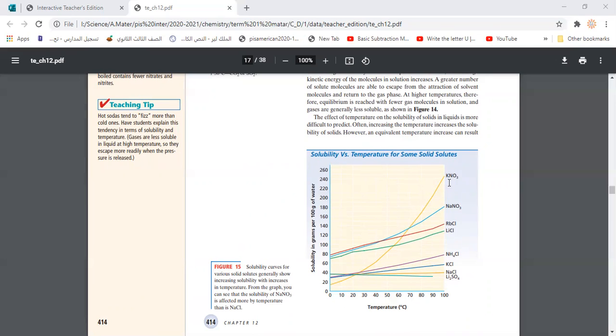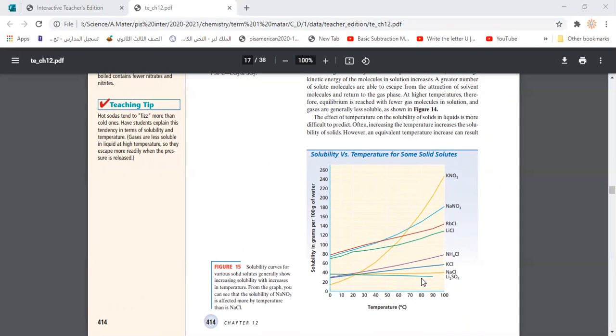For example, you could find that for potassium nitrate, just a slight change in temperature could lead to a huge change in solubility, increasing at a higher rate. While, for example, if you observe lithium sulfate, increasing temperature increases the amount dissolved up to a certain point, and then it will start to decrease.